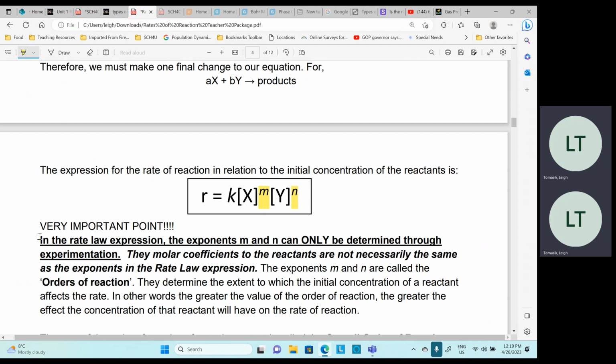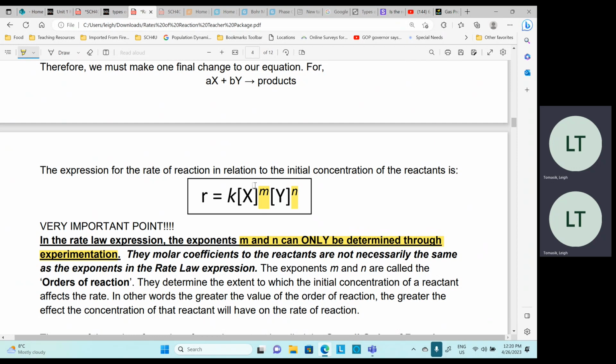So we better read the very important point. In the rate law expression, the exponents m and n can only be determined through experimentation. So m and n are not related to the coefficients in a balanced chemical equation. They can only be determined by doing the reaction a few times and comparing.